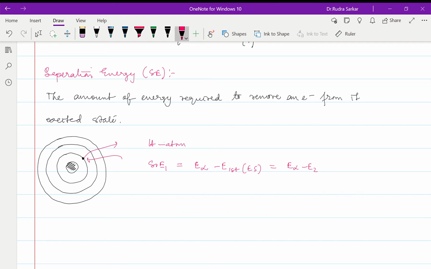So we know that E infinity is nothing but 0, isn't it? And the energy of E2 is what? Minus 3.4. Is it clear? E2 is what? Minus 13.6 by n square.